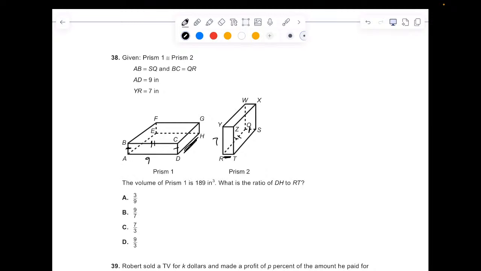So like that is also equal. Aha, I think now I can see it. Okay, and then we want DH over RT.